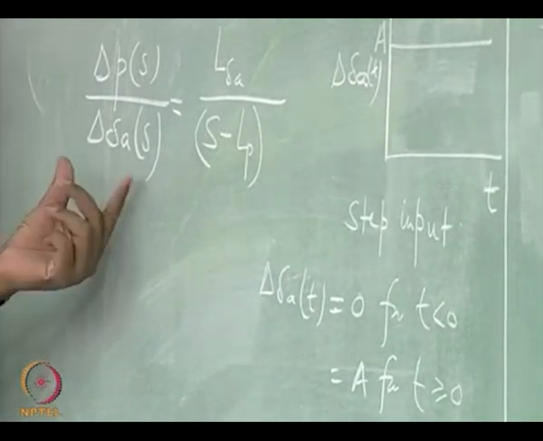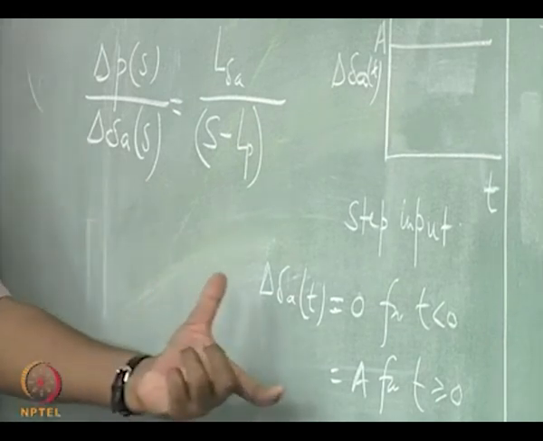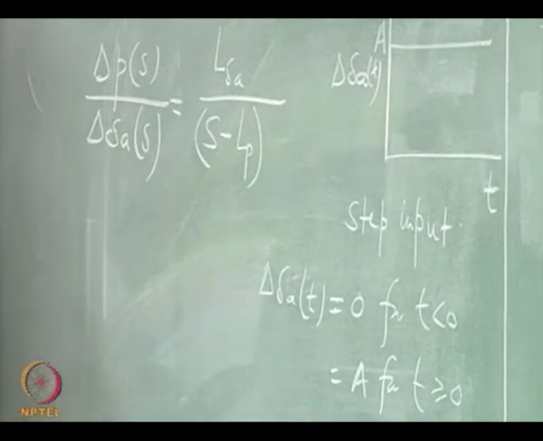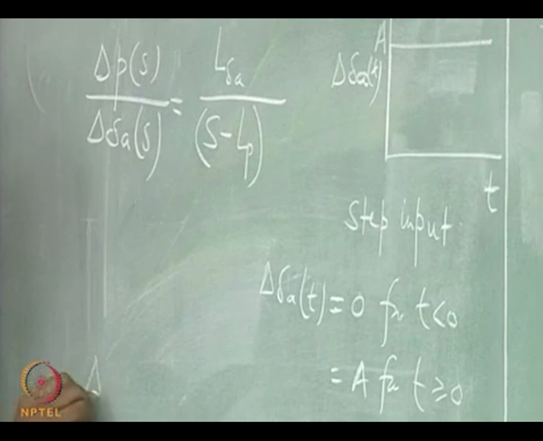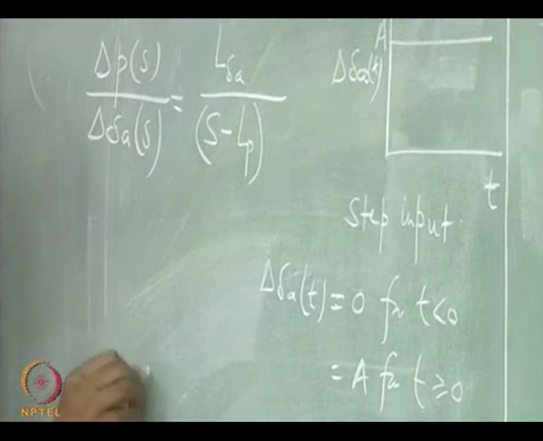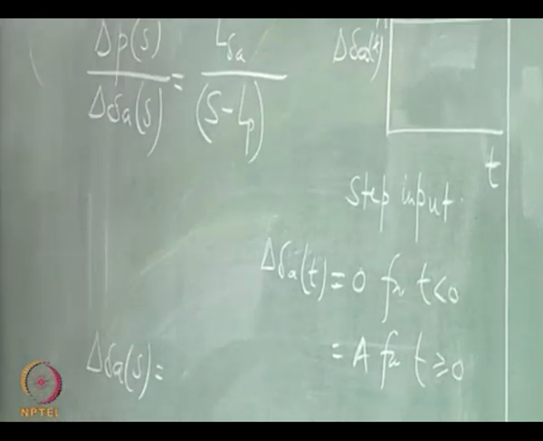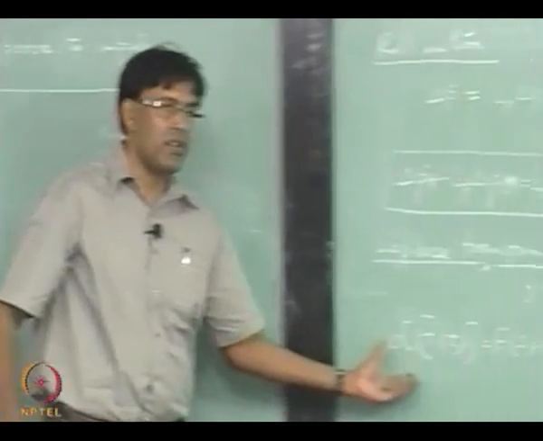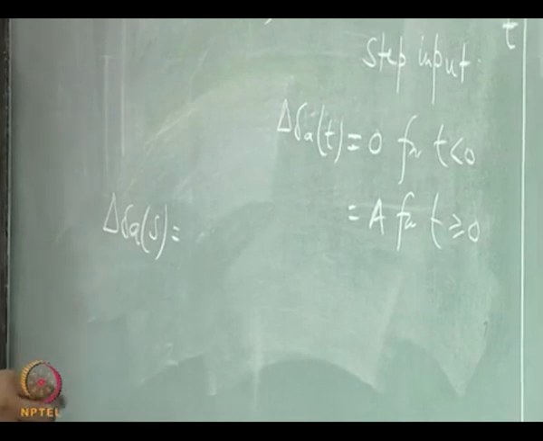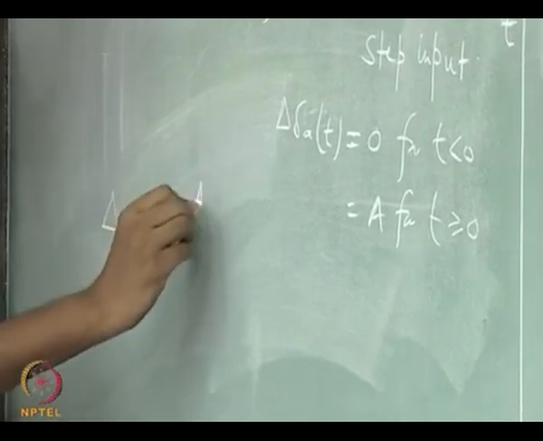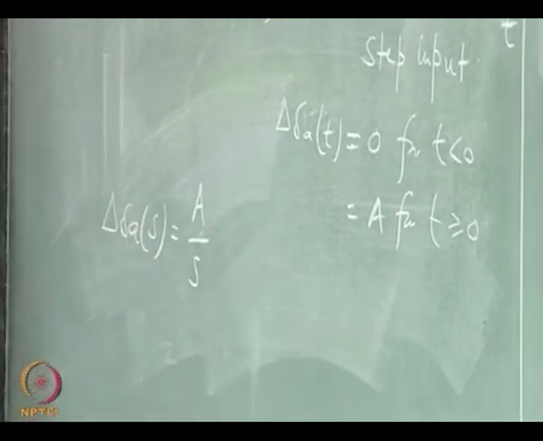Now I want to find out the Laplace transform of this signal as well, right, so that I can write everything in terms of s. Now you can again use this to find out the corresponding function in the s domain, and you will find that for this function it is A over s.